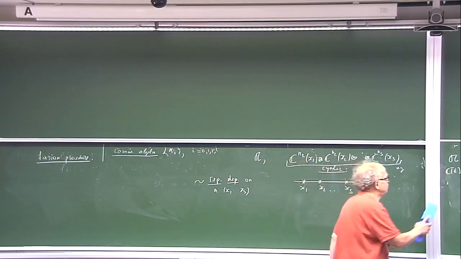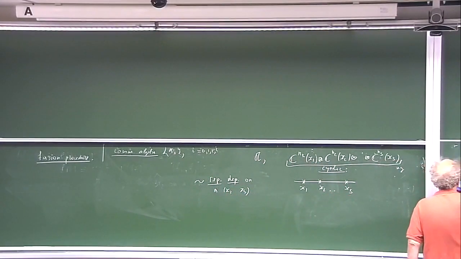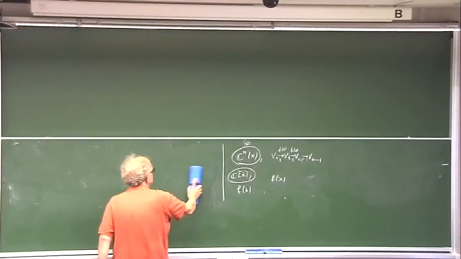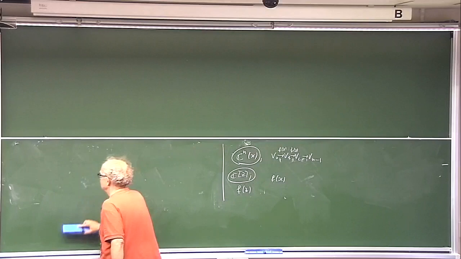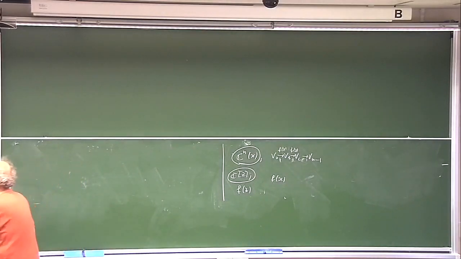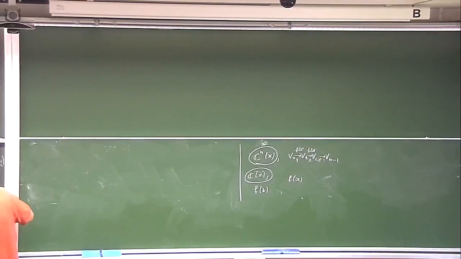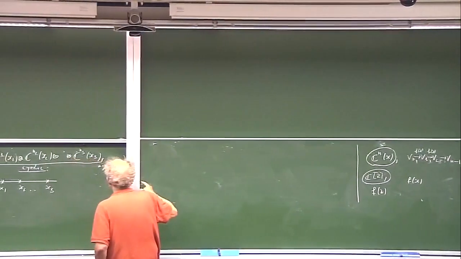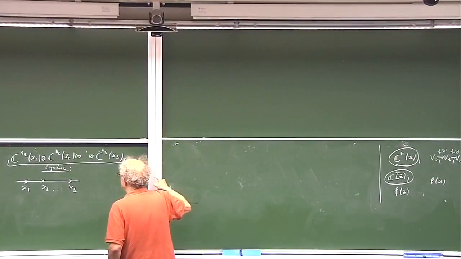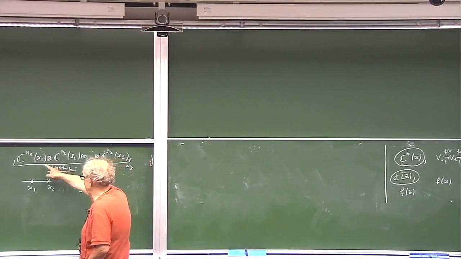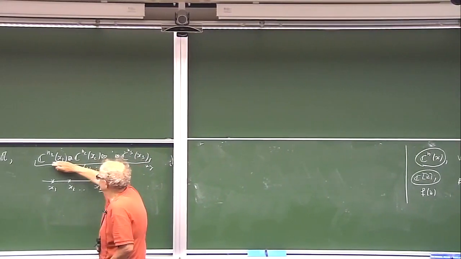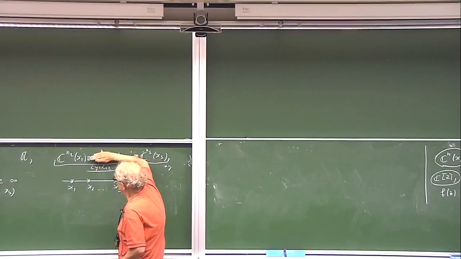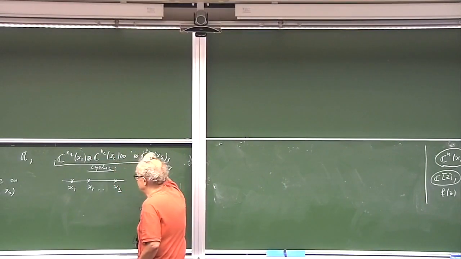And how to do it? So my representation, this one, is cyclic. The fact that it is cyclic is a simple exercise. When the x are different, each of them is cyclic, and you can easily check it.